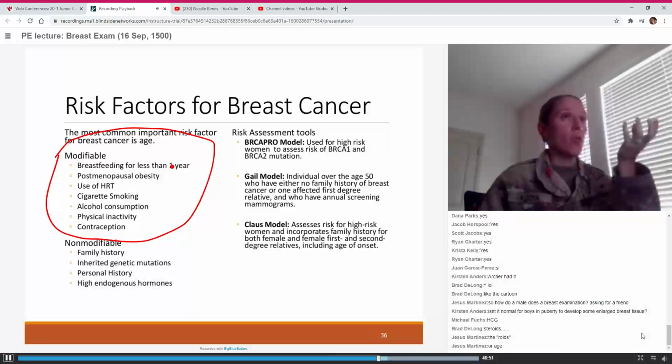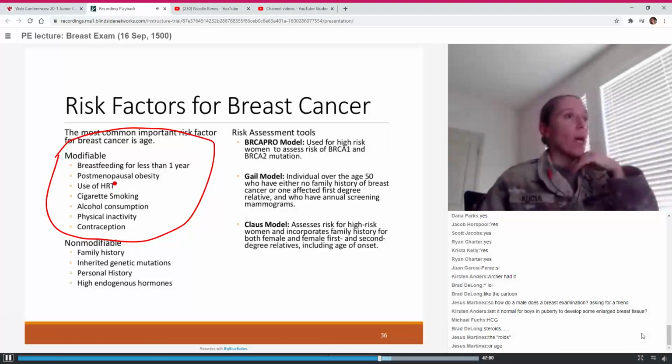There's a role of estrogen within breast cancer, and estrogen is also related to obesity. Obesity is an estrogenic state as well. Hormone replacement therapy has estrogen in it, so if you can eliminate that, you can reduce your risk. Don't smoke. Don't drink alcohol. Don't be inactive.